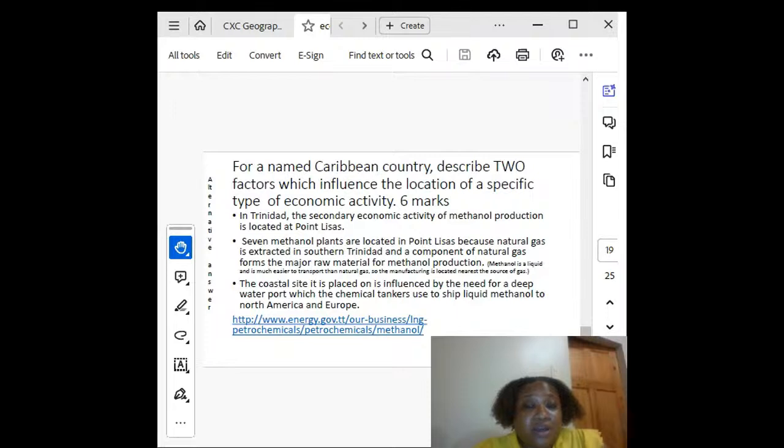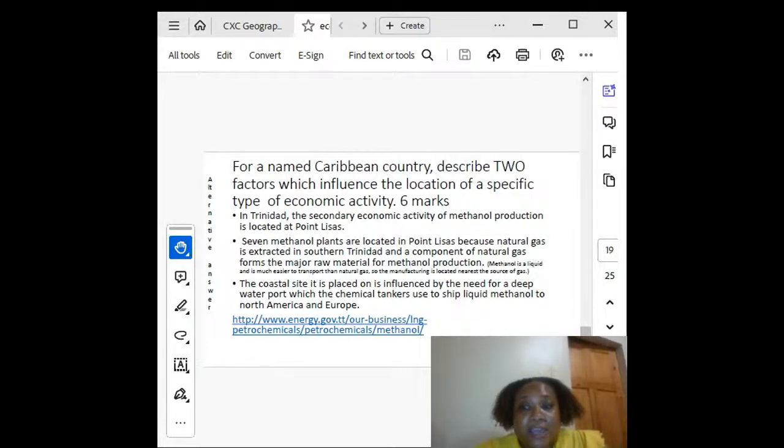And of course, because natural gas is the raw material of Trinidad and Tobago that is readily available, it's our main GDP earner. And natural gas, you have that gas being found offshore or on land, and it is readily available.